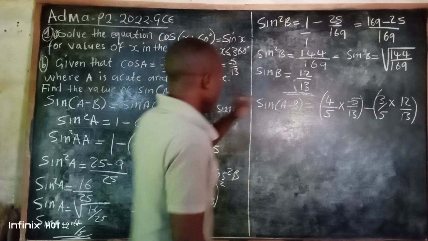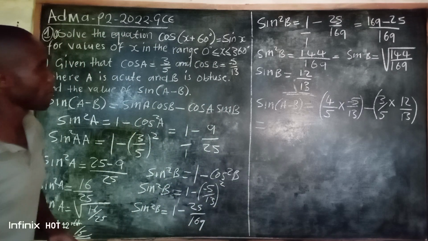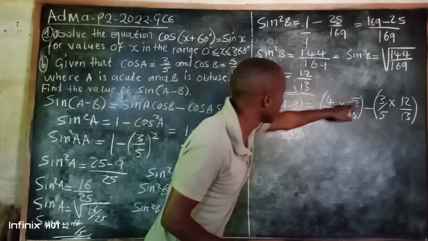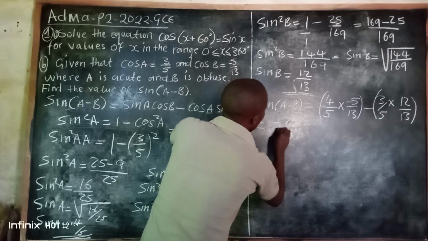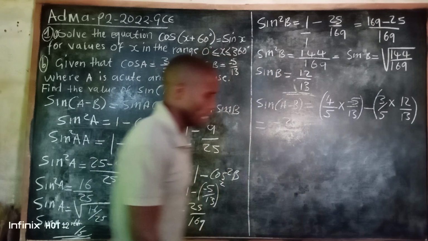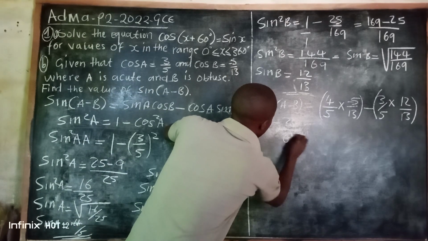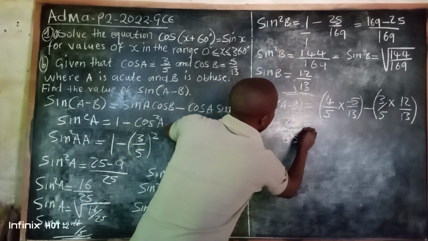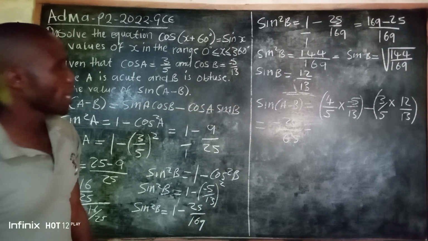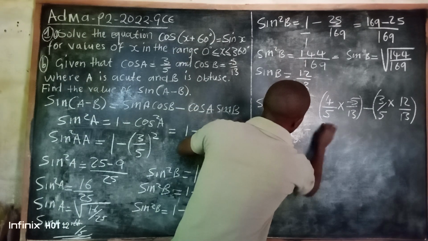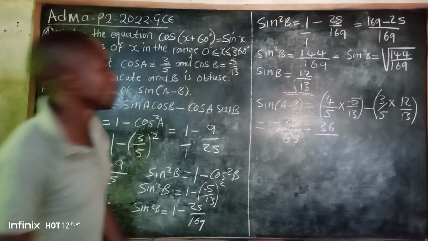Okay? Then from there, we can simplify further. So when you say 4 times negative 5, it's negative 20 over 5 times 13. 5 times 13 is 65. Okay? 65. Remember, we have a minus there. Okay? 3 times 12. What is the answer? 36. 3 times 12, the answer is 36. 5 times 13 is 65.